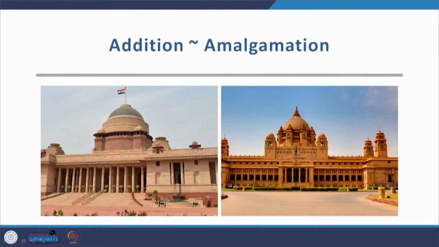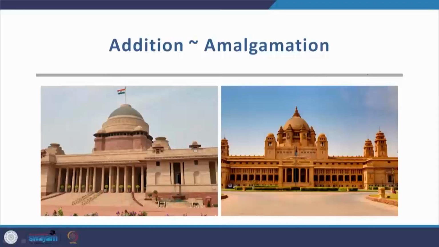Now, the comparison between neoclassical with Indian traditional elements as Lutyens applied it, or as the Indo-Saracenic architects applied it in the amalgamation in the works of, for example, Swinton Jacob, you see this comparison here. Both these buildings, the Rashtrapati Bhavan and the Umaid Bhavan Palace, are very similar in the way they look.